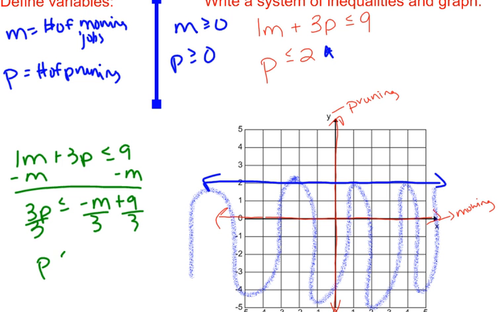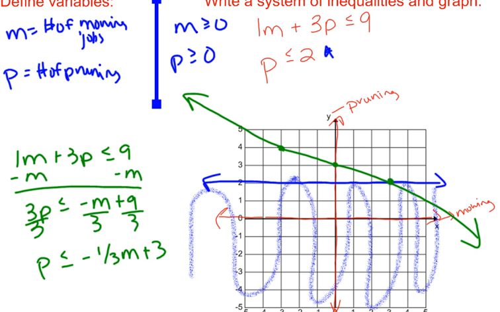So p is less than or equal to negative 1/3 m plus 3. So I start this graph at 3, and I go down 1 right 3, or up 1 left 3. Solid line. And it's less than, so I'm going to shade down here.